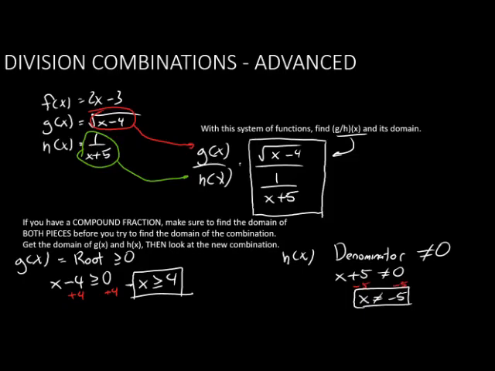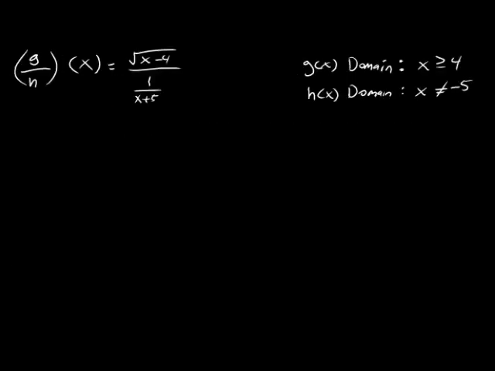Now that we know the conditions that surround both g and h, we'll try to do the algebra to simplify our new combination function. We'll copy all of that onto a new slide now. Now we'll try to simplify the compound fraction in our new combination function. Anytime you have a compound fraction in the denominator, we will use the rule which we call keep, change, flip.